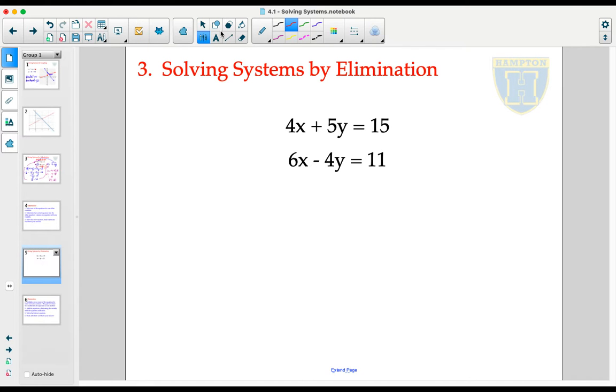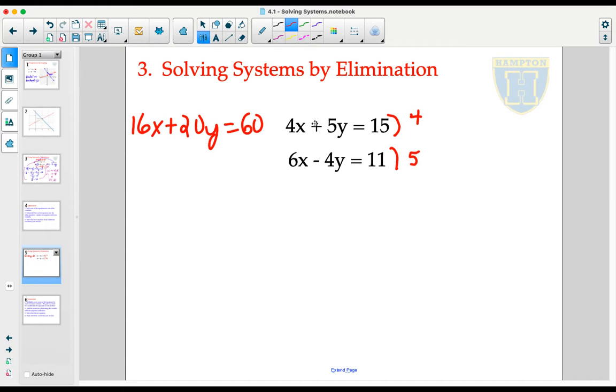So I get around that by choosing the right number to multiply both equations by. In this case, the right number to multiply the top equation by is 4, and the right number to multiply the bottom equation by is 5. The reason that we choose 4 and 5 is because that creates a new top equation of 16x plus 20y is equal to 60. Everybody got multiplied by 4.